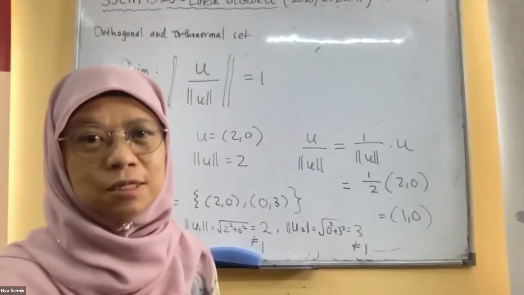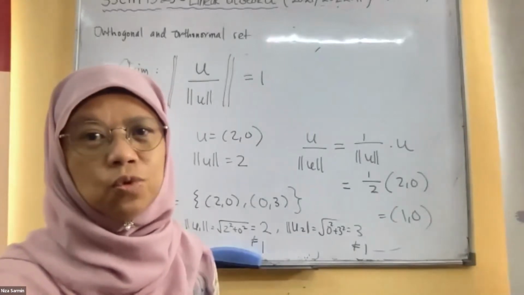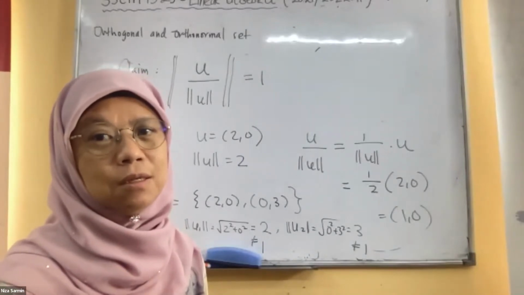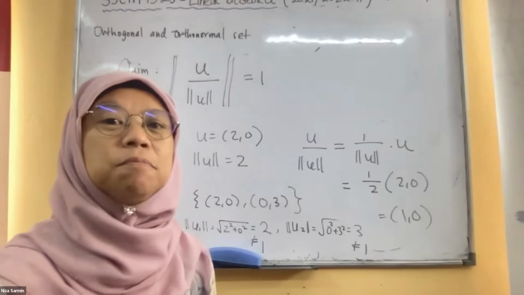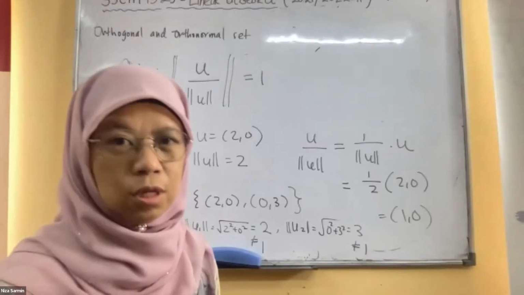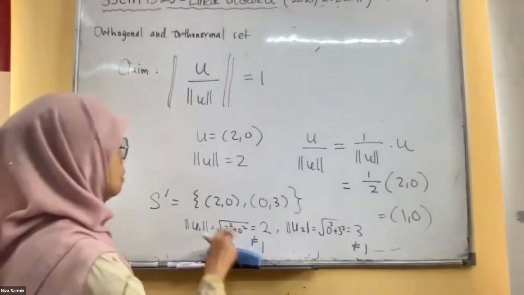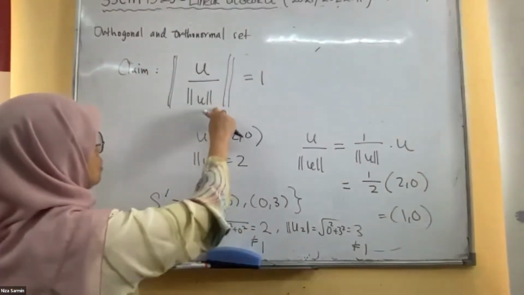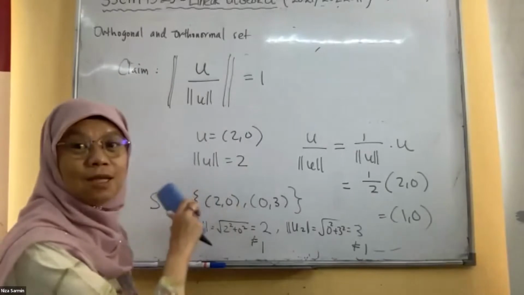Because a basis is just a spanning set, you can just take the multiple. It is not the same set, but it still spans the same space. Okay, so how do you show this? This is a theorem actually.